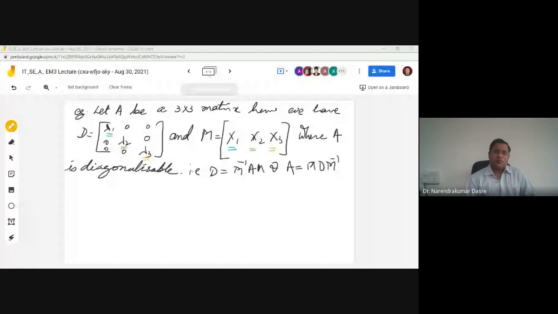Once you are able to understand this concept, let us go for another one. Now it becomes difficult to find the matrix M, and hence the easiest way is finding the eigenvalues and eigenvectors. But still, we cannot guarantee that the inverse of M exists. If eigenvalues are repeated, then we are in trouble.